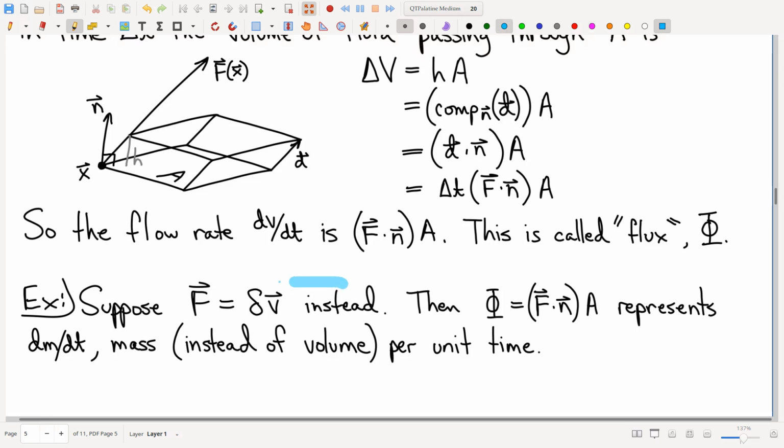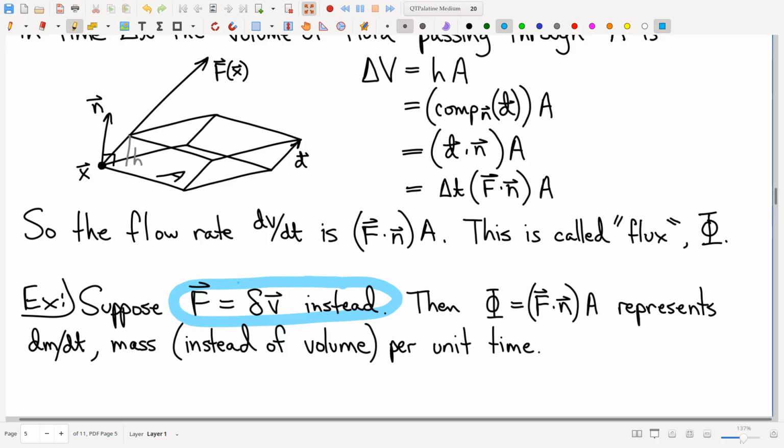I think it's useful for y'all to try this as a practice problem first, and that is, if you were to represent the vector field differently, if you were to use density times velocity to describe the fluid flow. Seems like a weird thing to want to do, right? If you have a fluid, the velocity is obvious. Why would we stick a density in there? Seems strange.